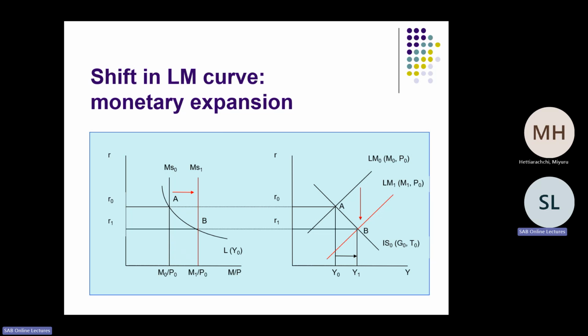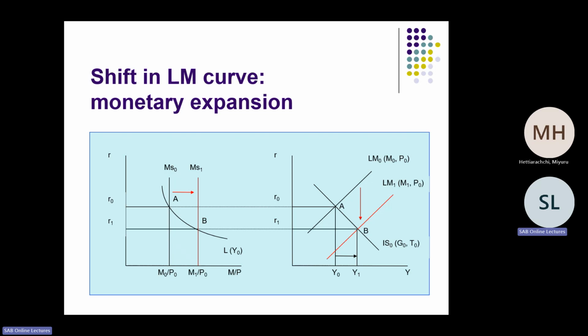Now you see the interest rate decreases, which you can observe in the market. If there is a rise in the money supply, that reduces the interest rate, because it creates excess money supply in the money market. Since there is a decline in the interest rate, that will increase investment demand.